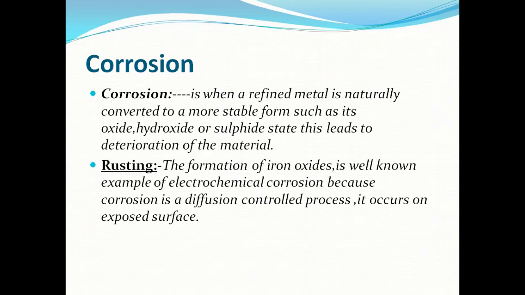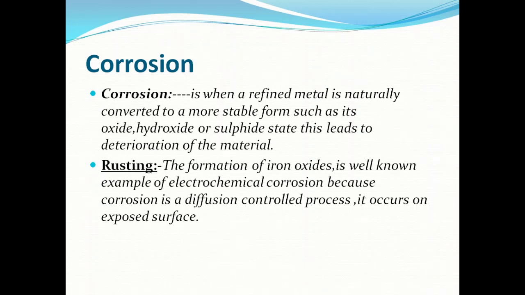When refined metal is naturally converted to a more stable form such as its oxide, hydroxide or sulfide state, this leads to the deterioration of the material. Rusting, the formation of iron oxides, is a well-known example of electrochemical corrosion.